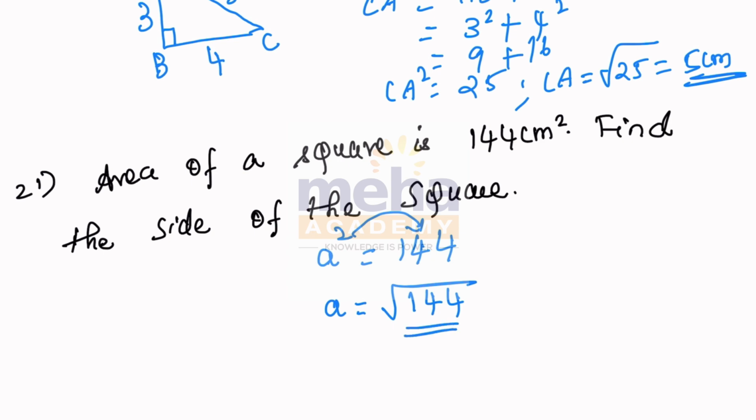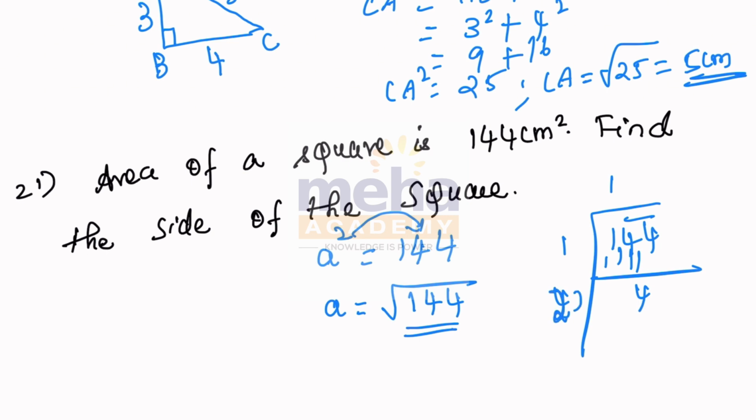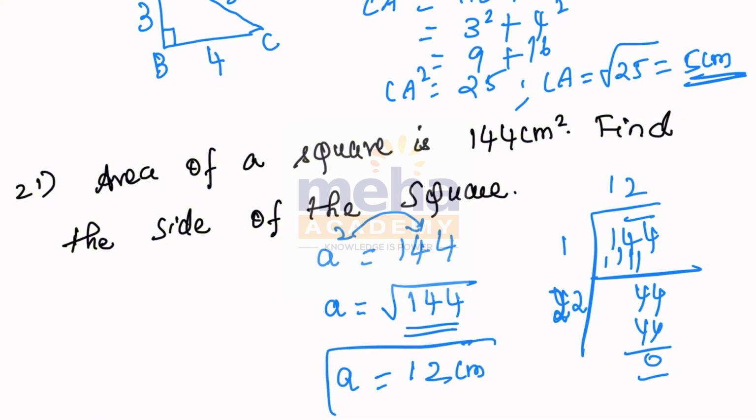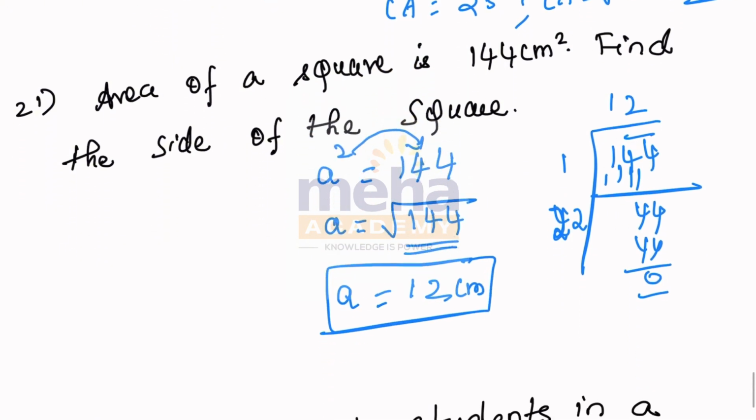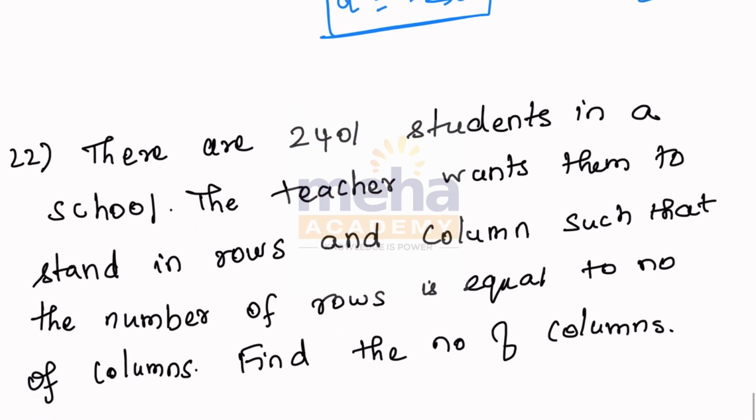So square root of 144, I find it by the long division, 1 square, then I bring 4 here. 1 2 is 2, then I multiply with 2, I get 44. So square root of 144 is 12. So 12 centimeter is the answer. So side of the square is 12 centimeter.